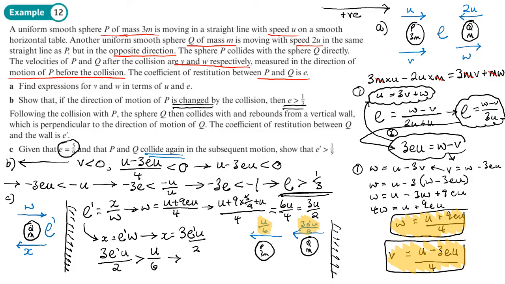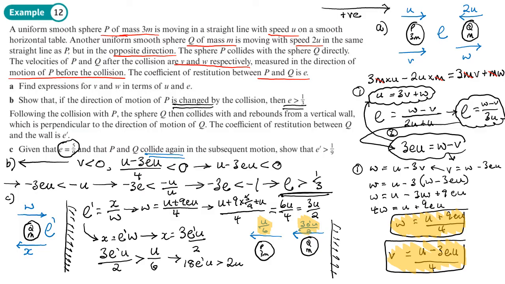We can do a little bit of cross cancelling. In fact, we're not going to do that. It's not an equals that we're dealing with here. We'll just times both sides by 2 and then times both sides by 6. So we'll have 18 E dash U is greater than 2U.